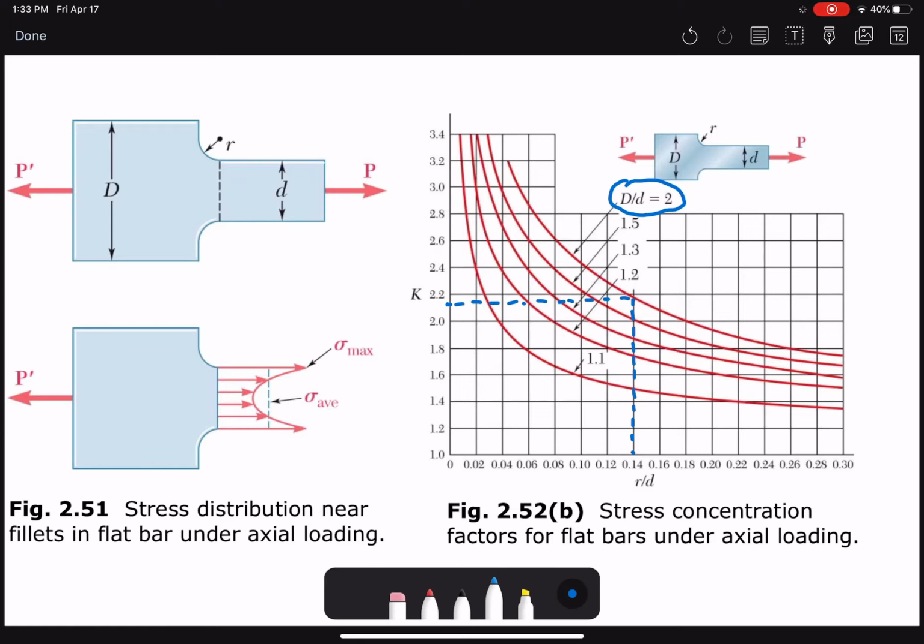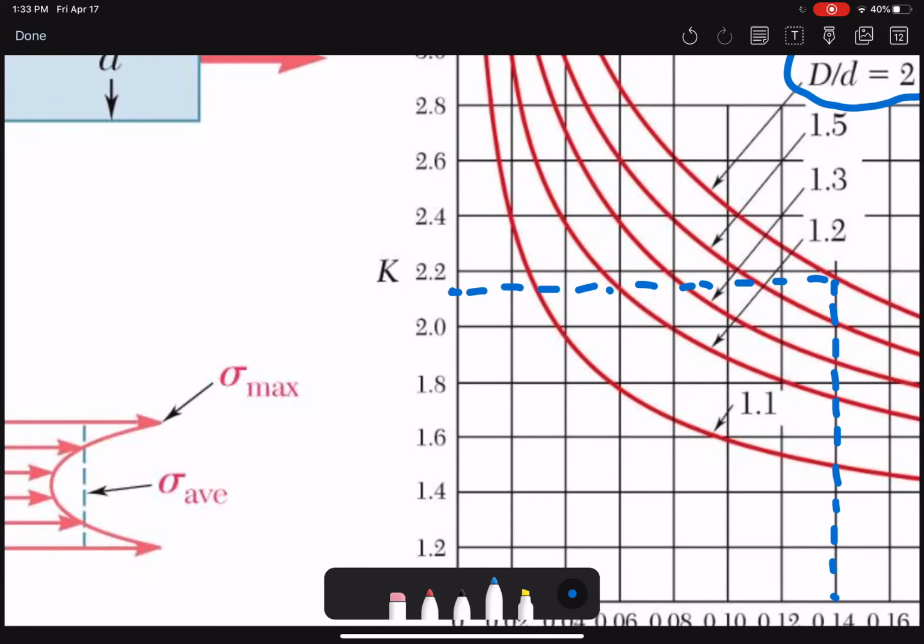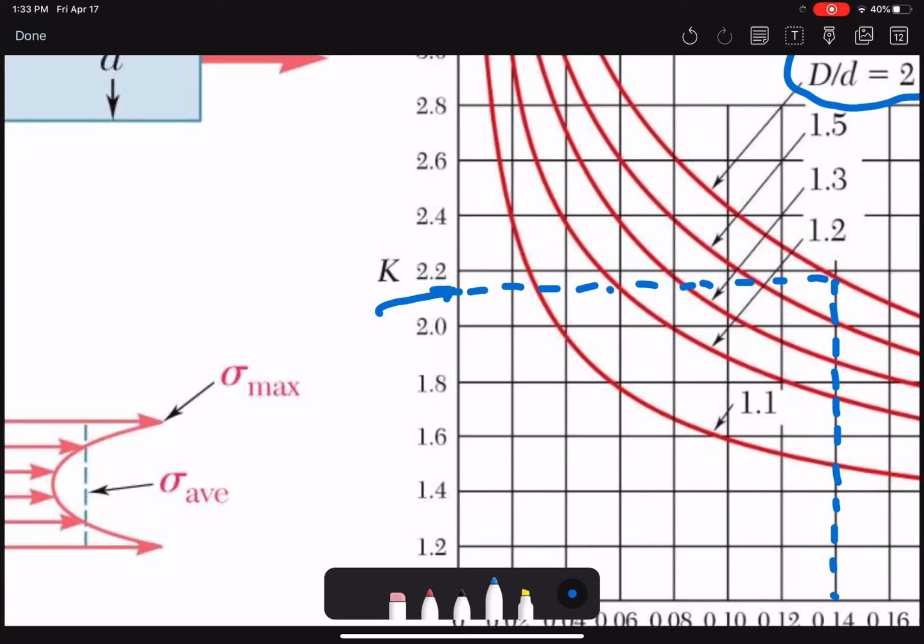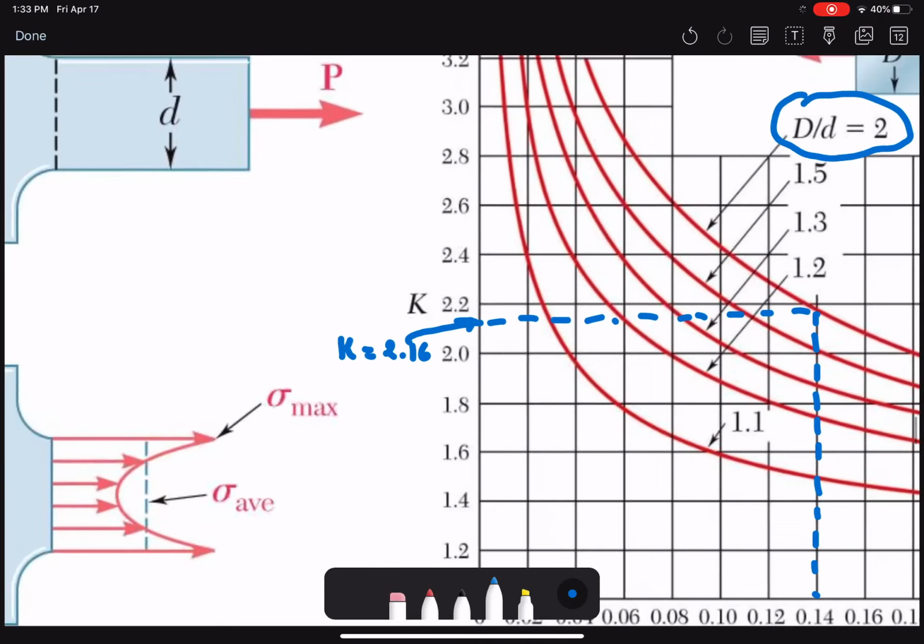With that, this is between 2 and 2.2, and it's closer to 2.2, so the point K is about 2.16.